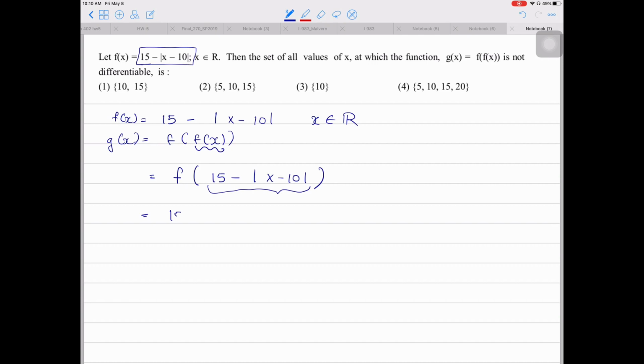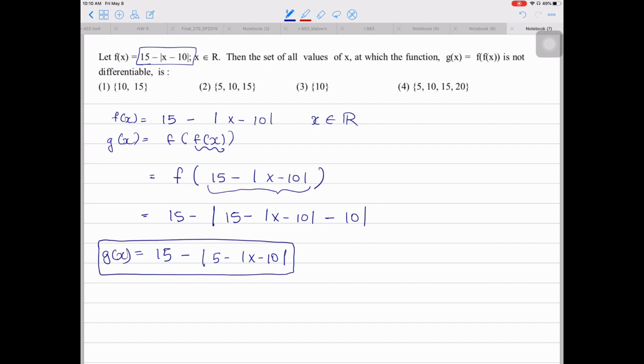So instead of x, we plug in 15 minus absolute value of x minus 10, minus 10. So it's 15 minus 5 minus absolute value of x minus 10. So this is our function g of x.